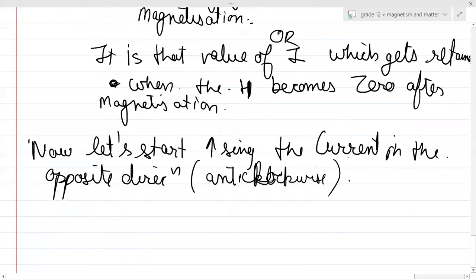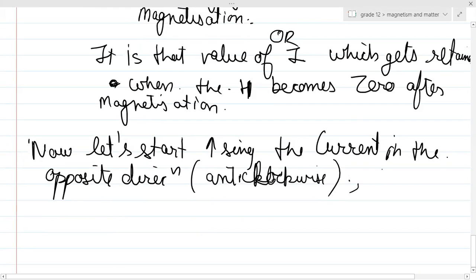What will change when I change the direction of current? What will happen to the solenoid? Will it start producing magnetic field in the opposite direction?